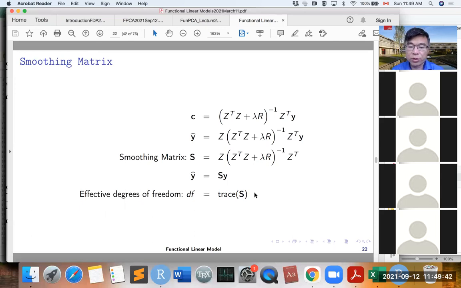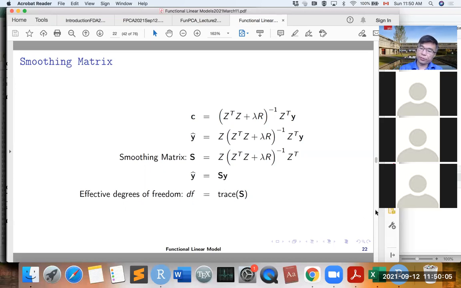So in other words, this effective degrees of freedom represents the effective number of basis functions used. When lambda equals 0, we have capital J basis functions. When lambda is greater than 0, then the effective number of basis functions will be reduced. So this is how we define the effective degrees of freedom.